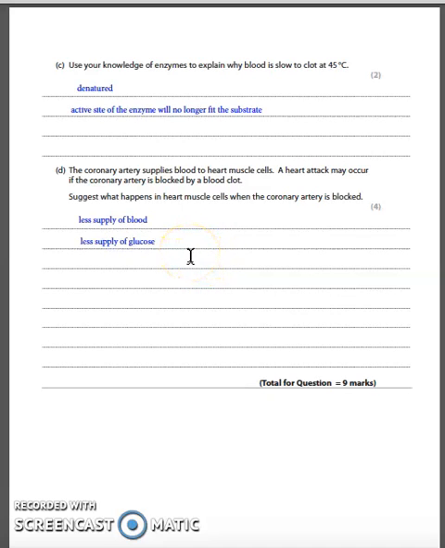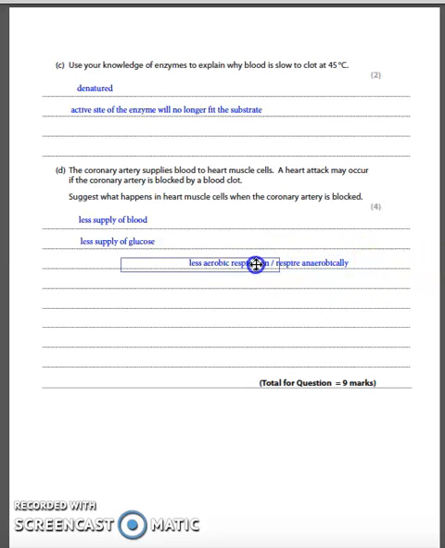If there is less oxygen, we cannot respire aerobically. There will be less aerobic respiration, or you can say that you will respire anaerobically instead.